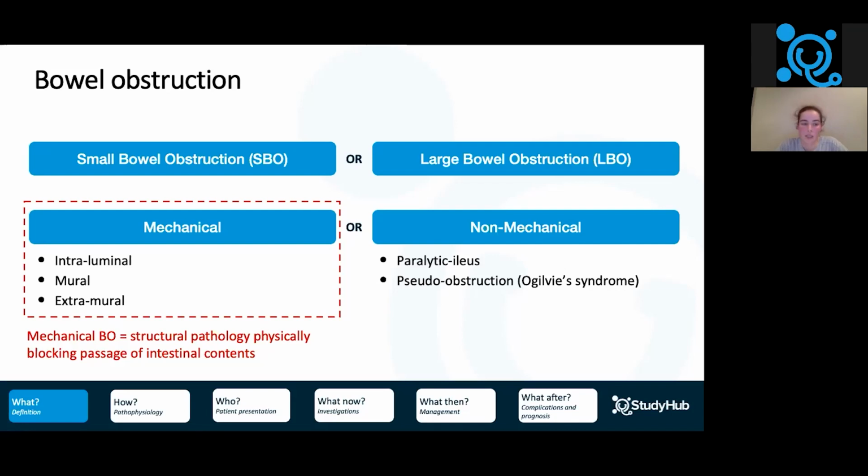This can be divided into intraluminal causes, mural causes, and extramural causes. By non-mechanical bowel obstruction, I mean functional obstruction, where there's no physical blockage, but the bowels aren't working properly. I'm not going to go into this in too much detail, but it's worth being aware of the 2 causes, paralytic ileus and pseudo-obstruction.